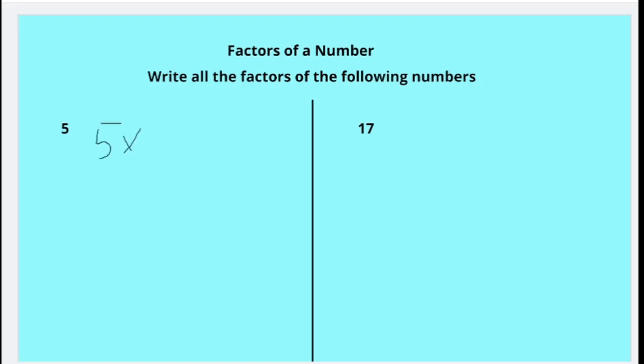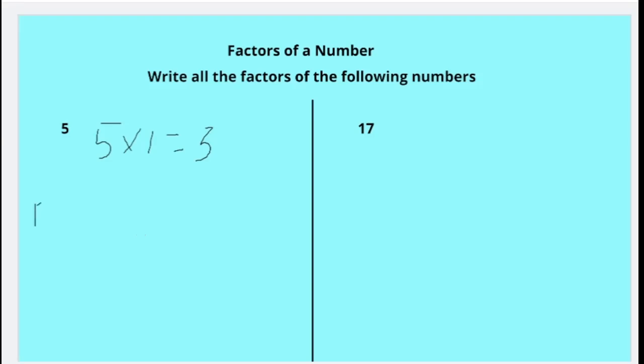5 times 1 equal to 5. All right. Any other number that can give you 5? So right away we have 1 set of 5, or 5 sets of 1 give you 5. So what are the factors of 5? Make sure you write the factors of 5. Make sure you write the word factors.